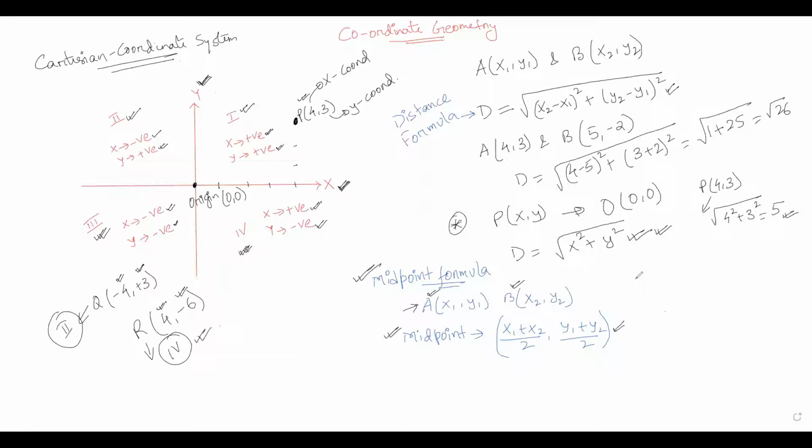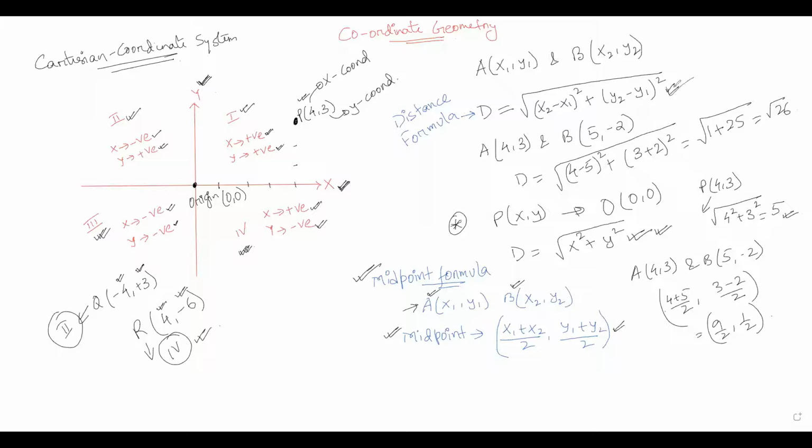So if I have two coordinates A 4 comma 3 and B 5 comma minus 2, then the coordinate of the midpoint of A and B would be simply (4 plus 5) by 2 and (3 minus 2) by 2. So this would be simply 9 by 2 comma 1 by 2.